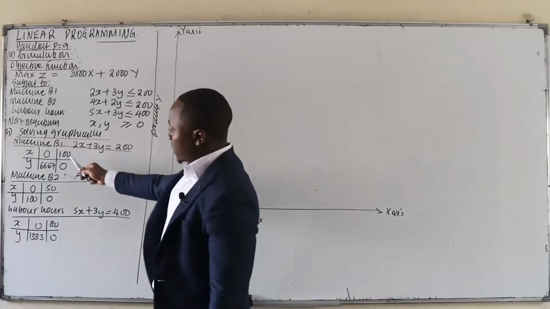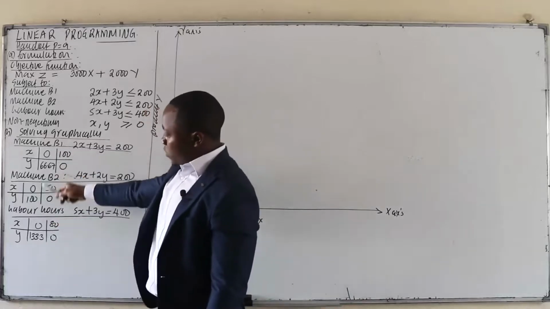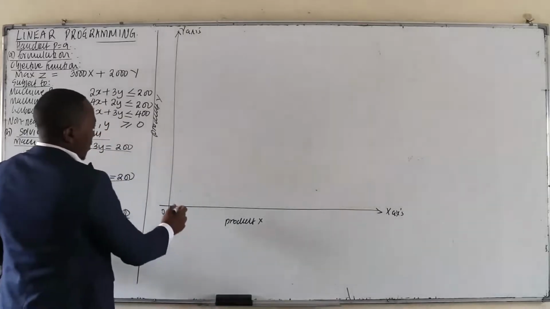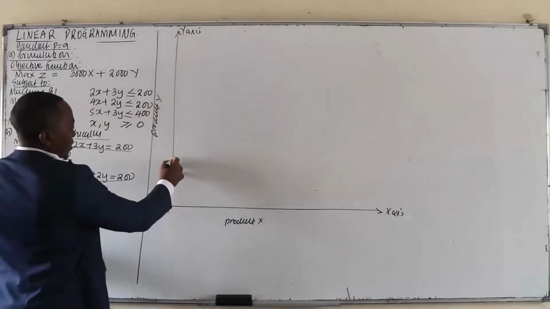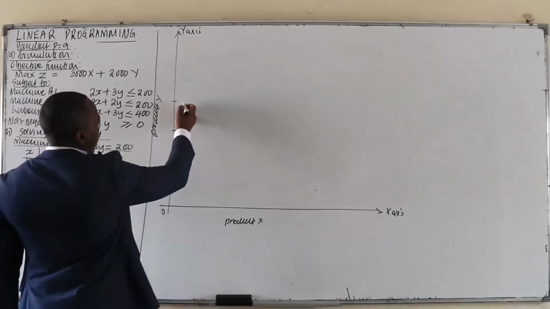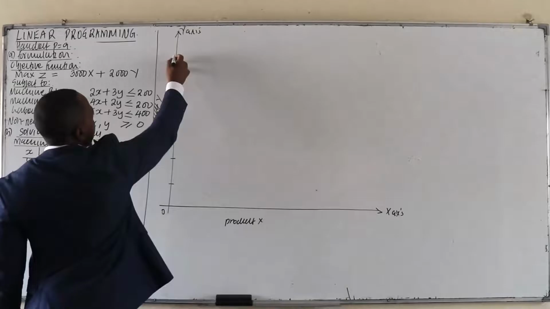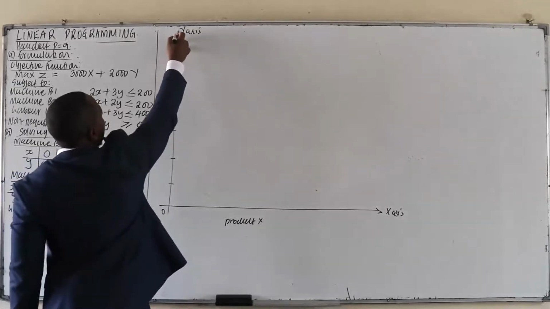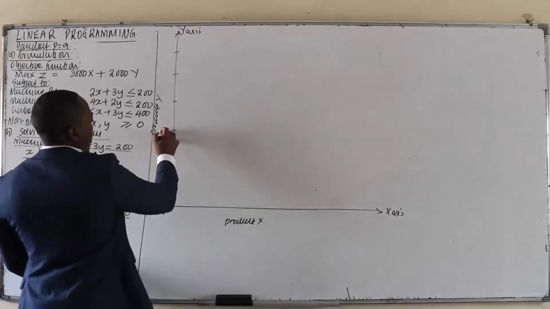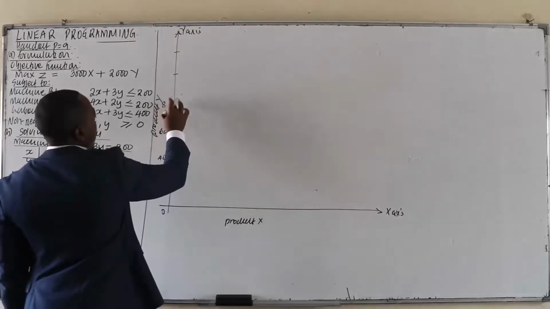Then let's look at this. The maximum we have is 133, so we need to come up with a scale. The maximum scale should be 133. So we can have 20, 40, 60, 80, 100, 120, 140.